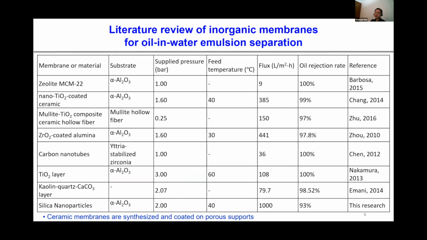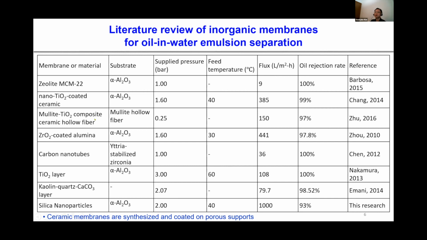The scientists generally synthesized ceramic materials coated on a porous support or substrate like an alumina disc, alumina tube, or hollow fiber substrate. In some cases, materials are synthesized on the surface or pore channels of the support to enhance transport efficiency and separation selectivity.